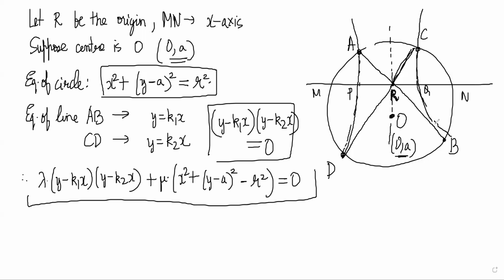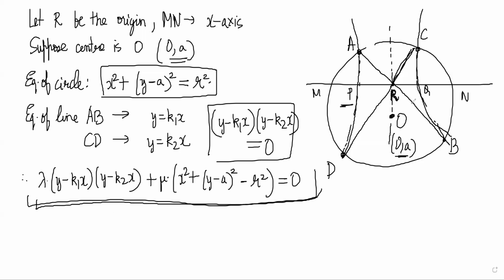From the theory that we have learned, we are applying lambda times this plus mu times this. Since there are four points of intersection ABCD and none of them are collinear, we can be guaranteed that this equation represents all possible conics through ABCD, right?